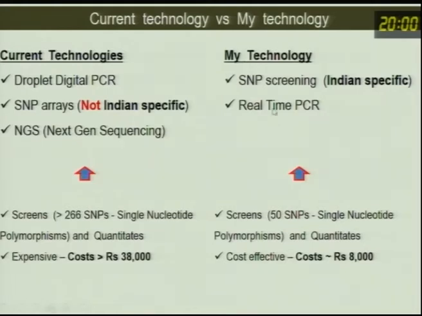The commercial technologies screen for more than 266 SNPs at least, cost upwards of 38,000, and take a minimum of 1 to 2 weeks to give you the report. In my case, the cost comes down. I just wrote it for the namesake, but it may be slightly more or slightly less. But I give the report in 24 hours. So if there is a suspicion of rejection, it's time to start working on that.